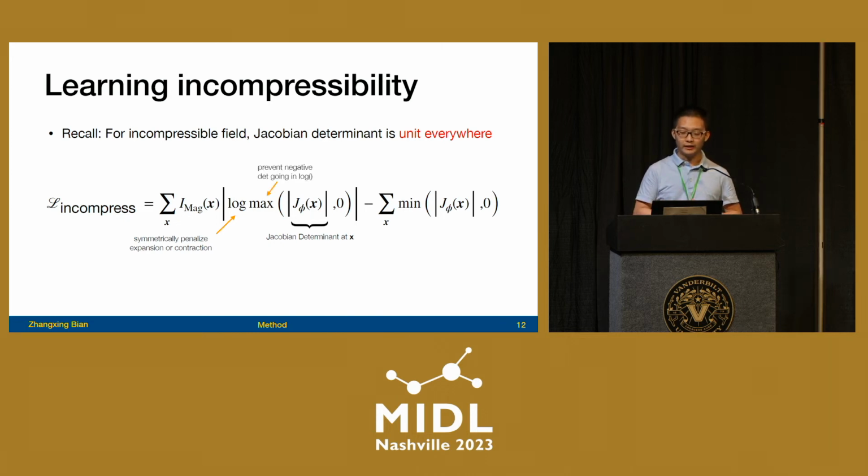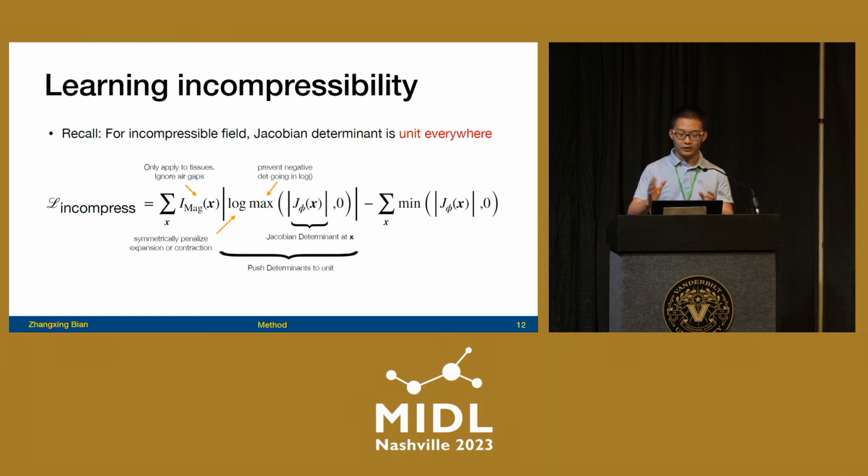Because we use a logarithm, we use something like a ReLU function to eliminate the negative determinants. And we only want to apply this constraint in our tongue tissue or heart tissue, instead of the air gap in the oral cavity or the blood.